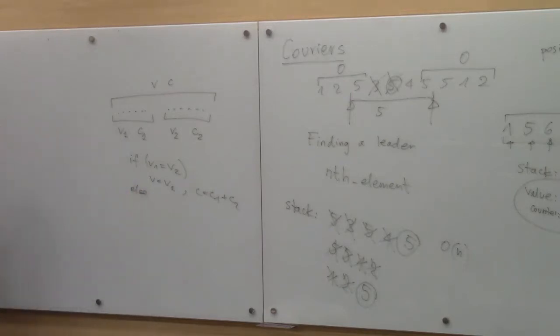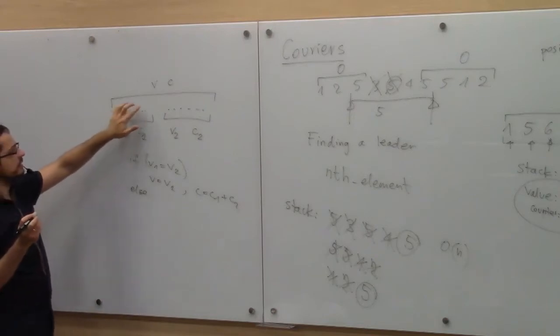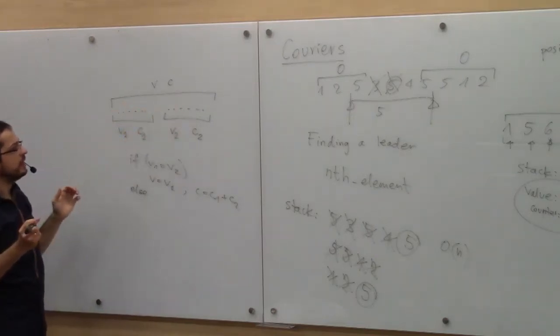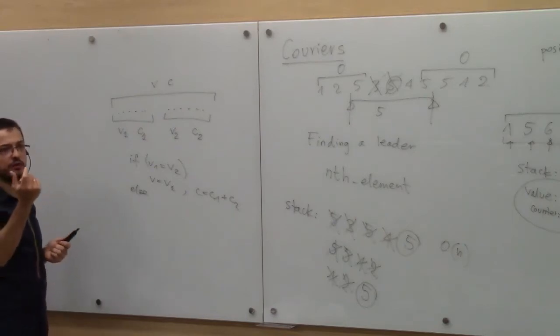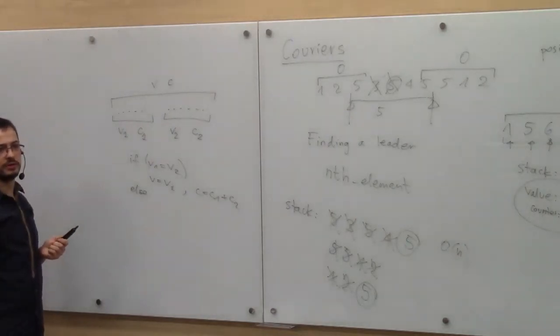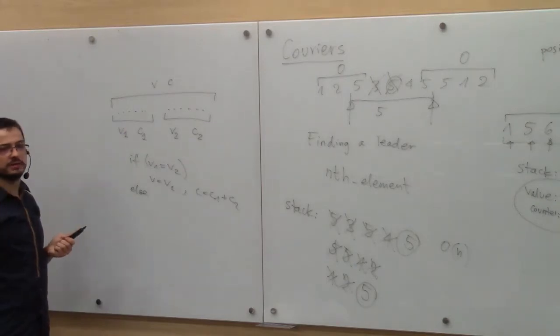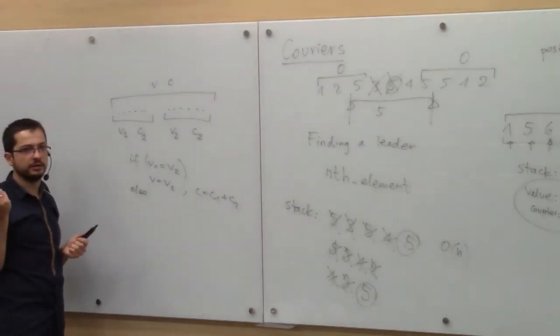Else we have two different candidates, and actually we can think of it this way. We have some candidate here, we have some candidate here, and we can do once again this observation that we can remove two different elements from the sequence, and still we would end up with the same candidate.